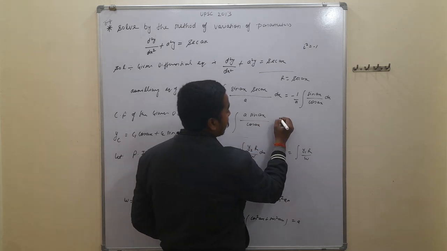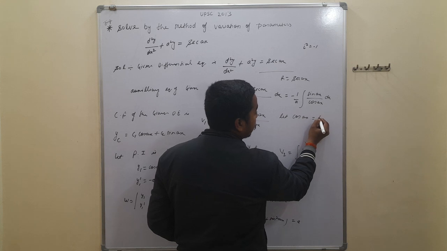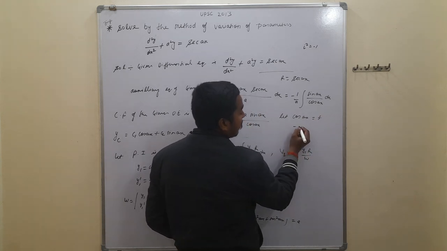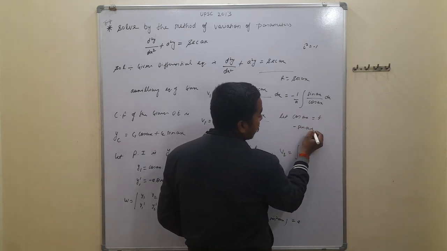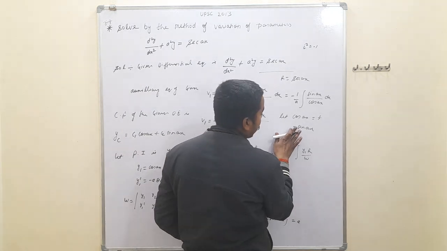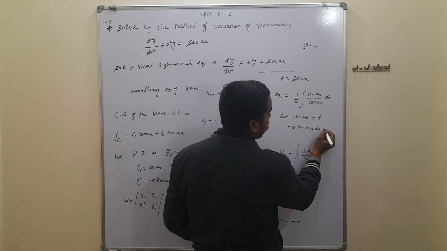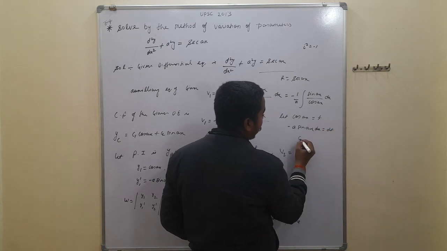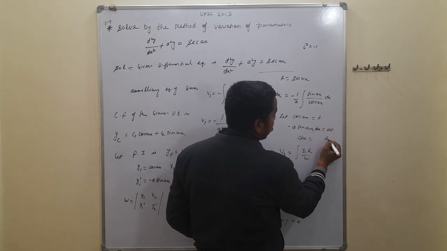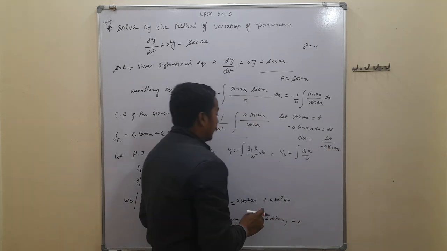Let cos ax is equal to t. Differentiating with respect to x, this gives minus a sin ax dx is equal to dt, and from here dx is given by dt upon minus a sin ax.